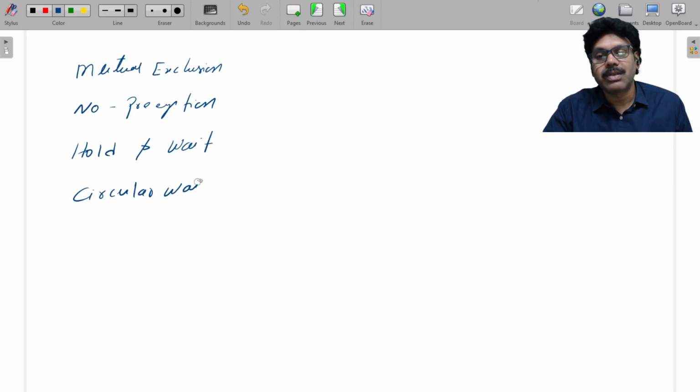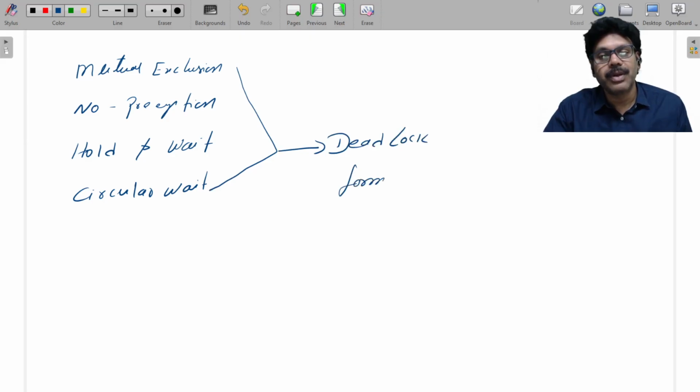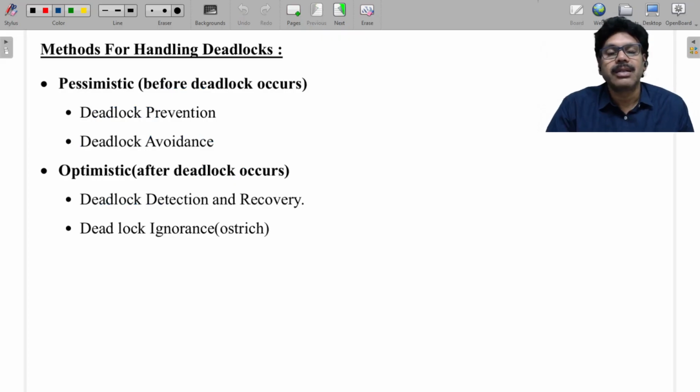If deadlocks are formed by satisfying these conditions, how are we going to handle them? The handling falls into two categories, pessimistic and optimistic.